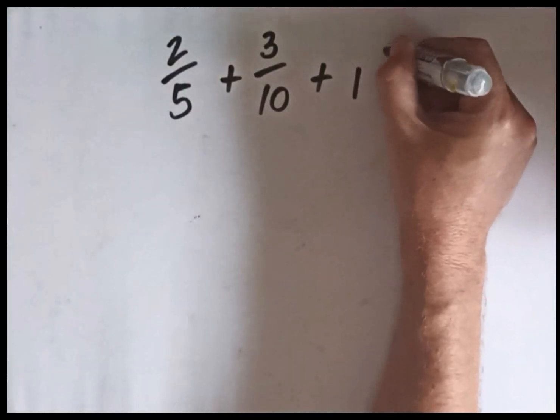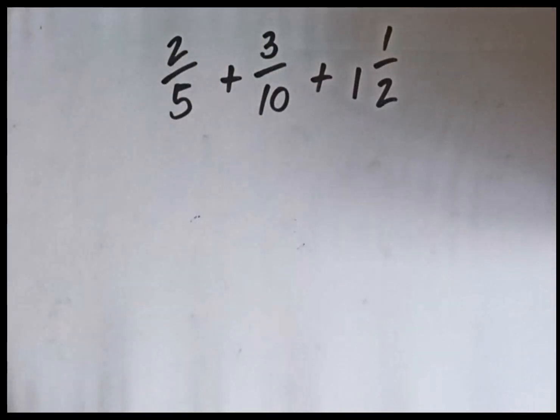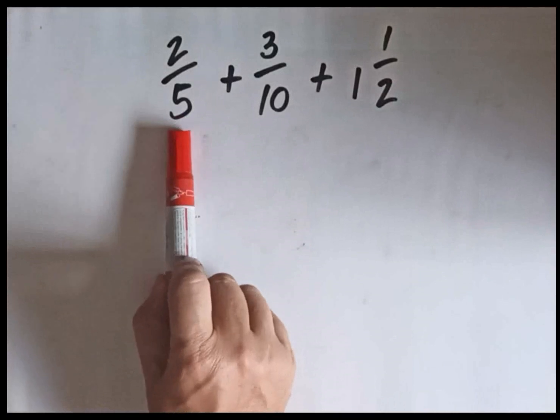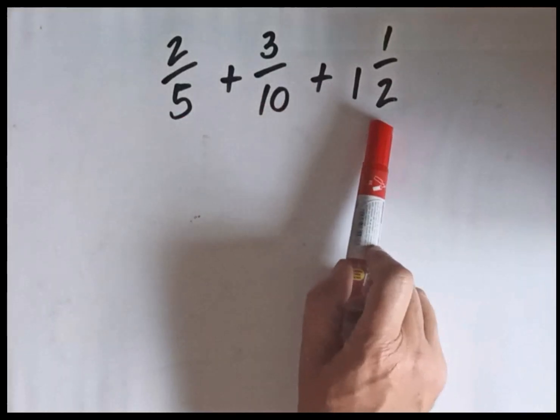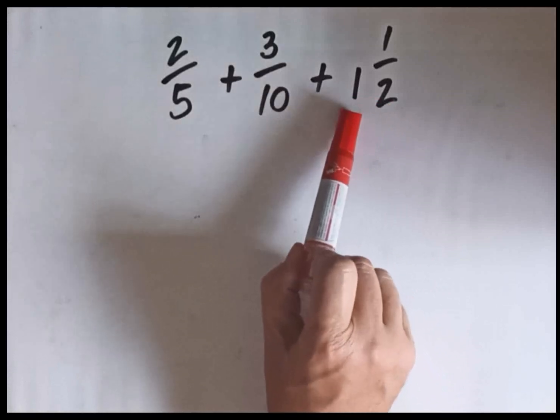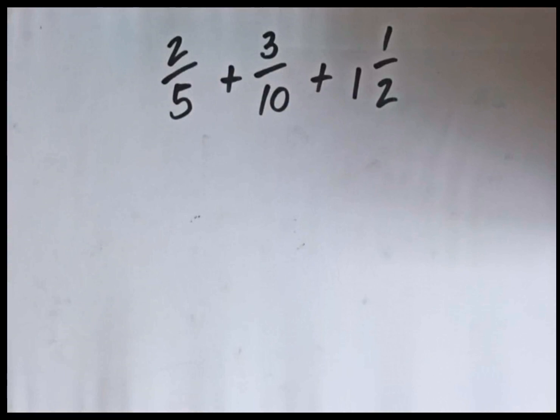So we're going to look at that, and let's say 1 and 1 over 2. Alright, so we have three different fractions here. A common fraction, and a mixed number. Why a mixed number? Because it has a whole number in front of the fraction.